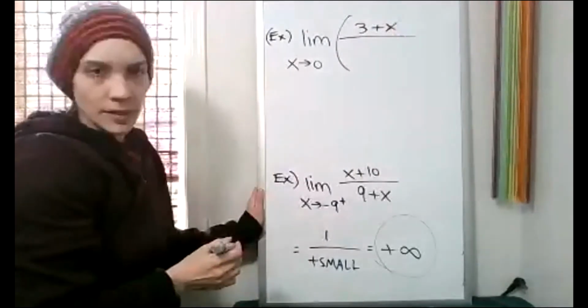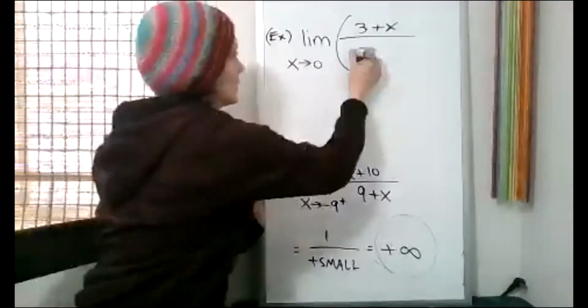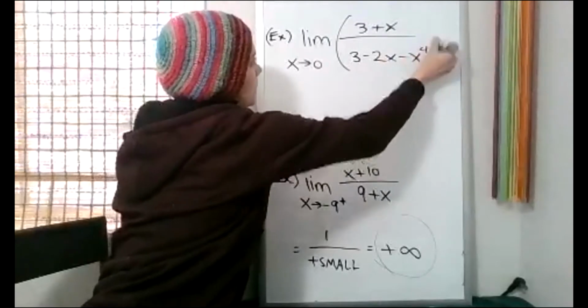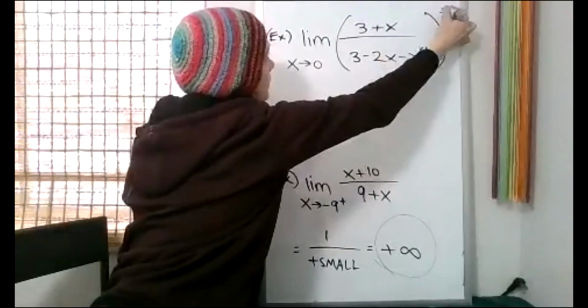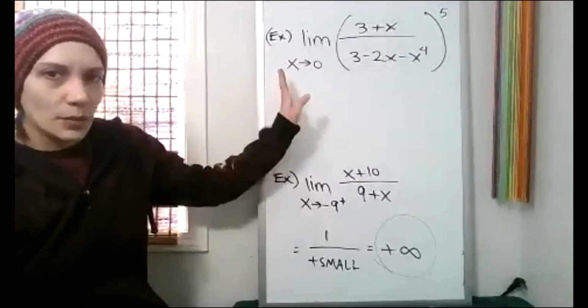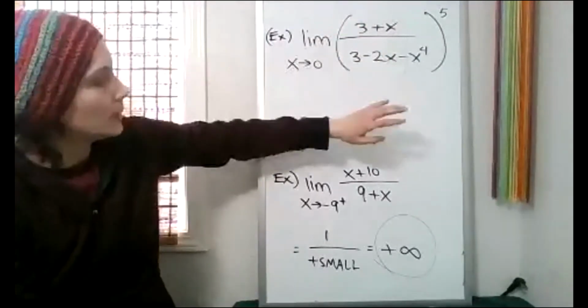The denominator is 3 minus 2x minus x to the 4th. All right. Let's see.